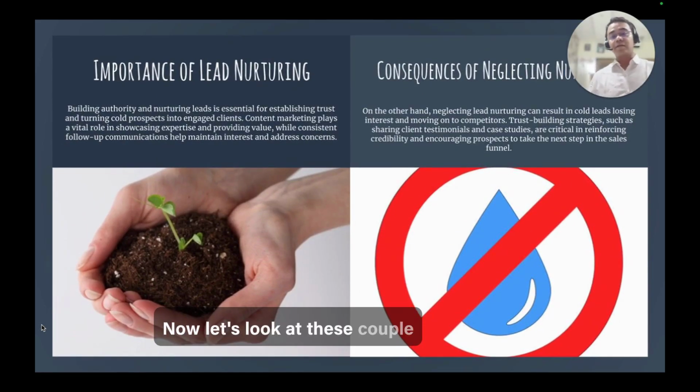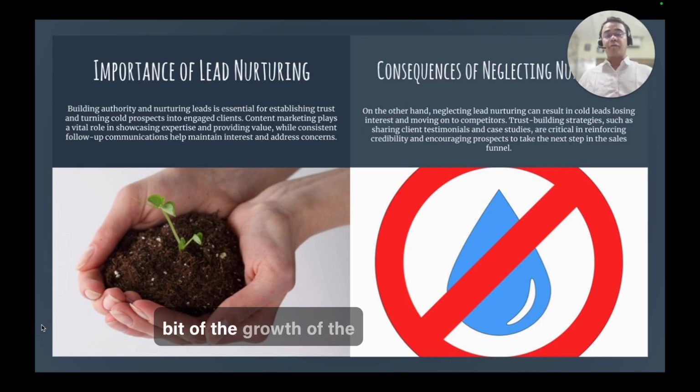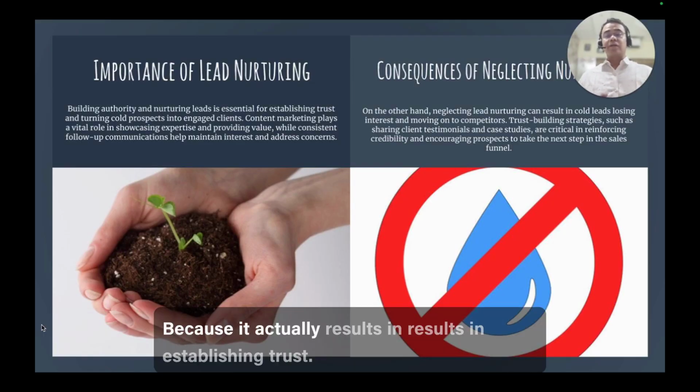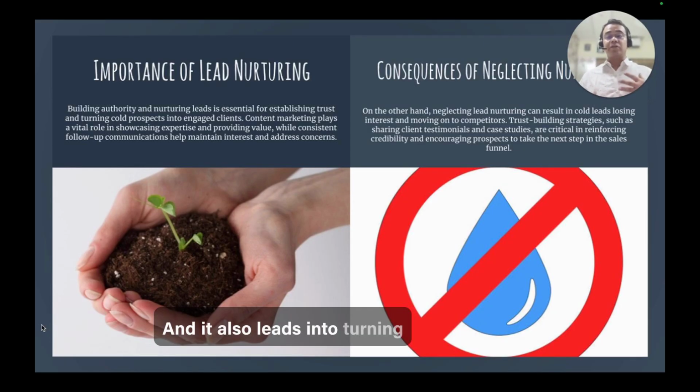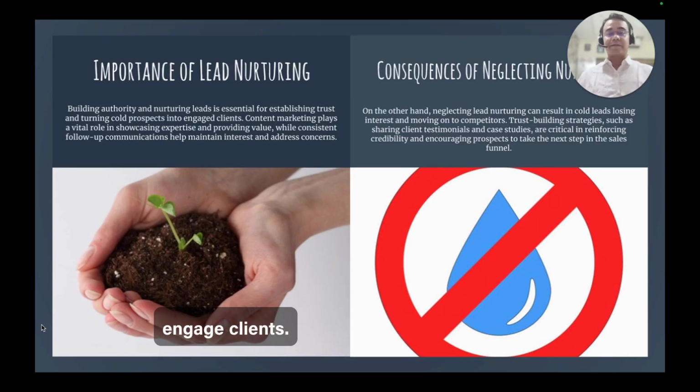Now, let's look at a couple of aspects wherein it's very important for the organization to look at the lead nurturing part of its growth. Why? Because it results in establishing trust, and it also leads to turning cold prospects into engaged clients.